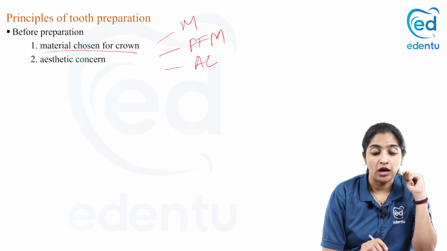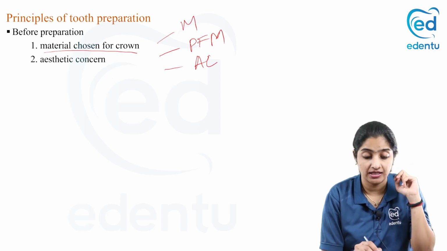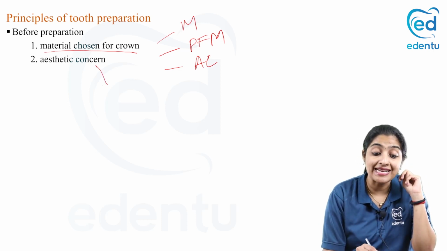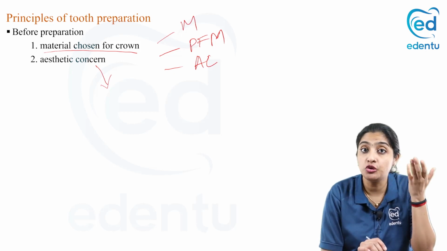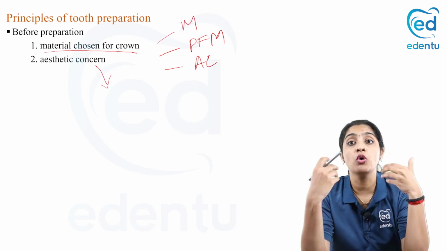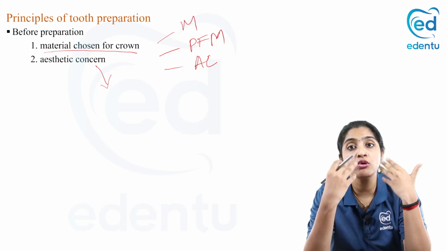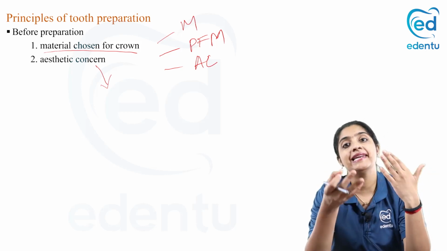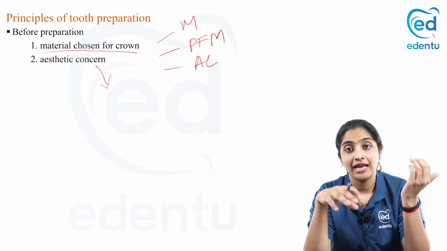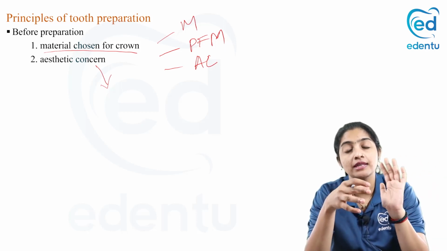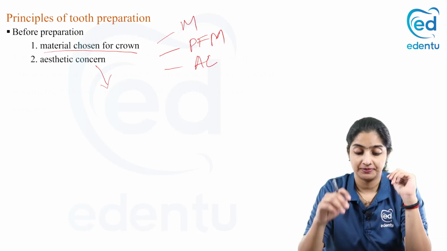Now, second thing is aesthetic concern. If you are doing an anterior preparation, you need to give more aesthetics in the anterior region. So you are going to do more reduction on the buccal and lesser on the lingual surface. This is done for the aesthetic purpose.